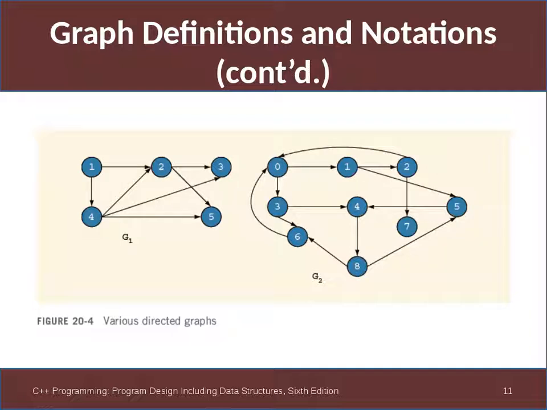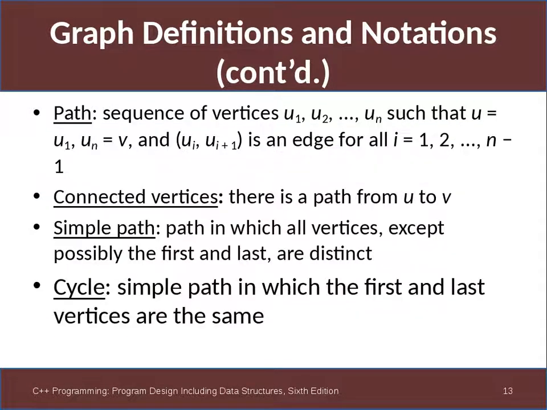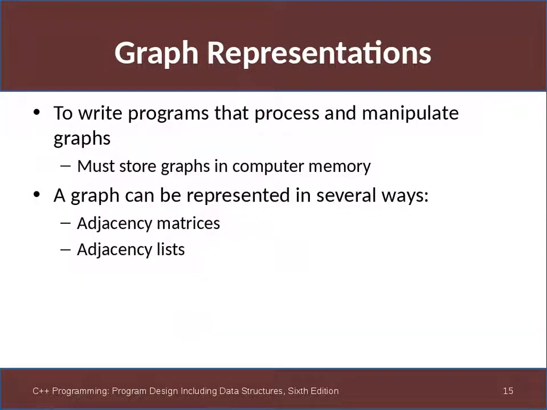How about this? Is this undirected or directed? Directed. Yeah. We talked about a lot of different definitions. I'm not going to go through them again. So we talked about which type of representation? Adjacency. How do we store the graph? We used an adjacency matrix.